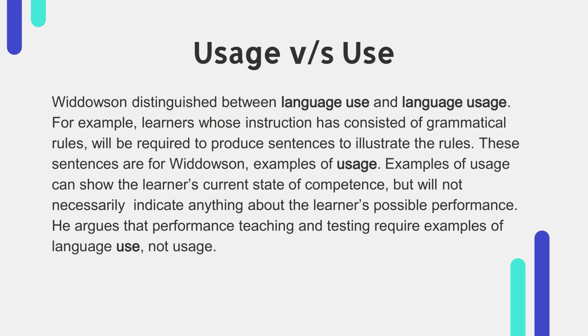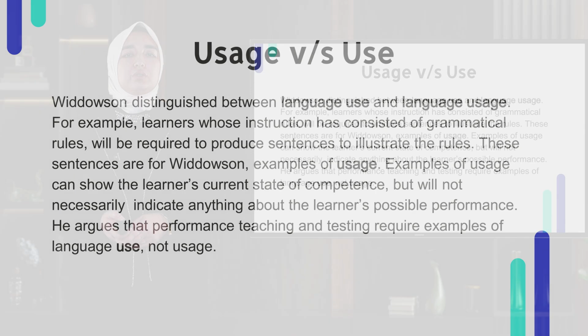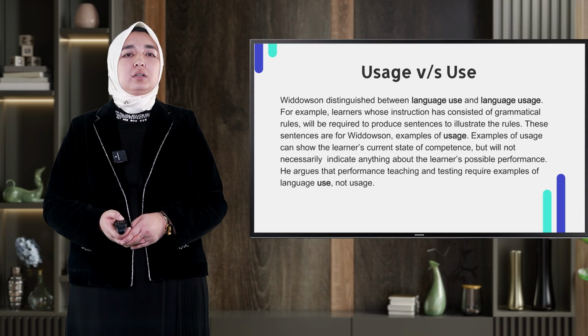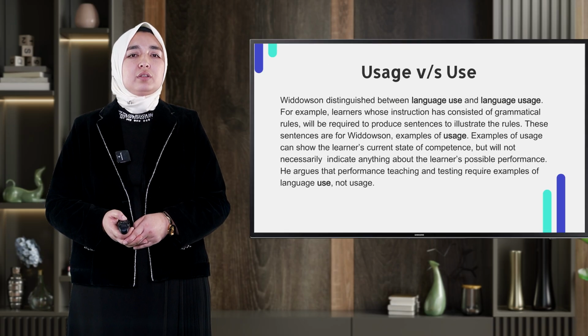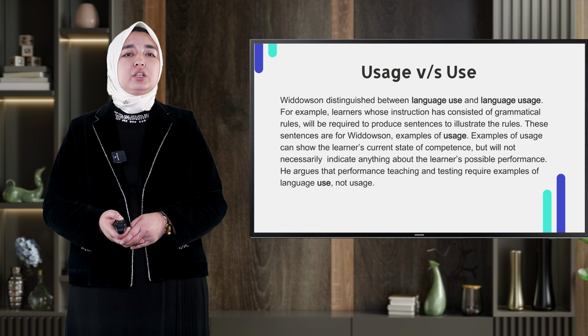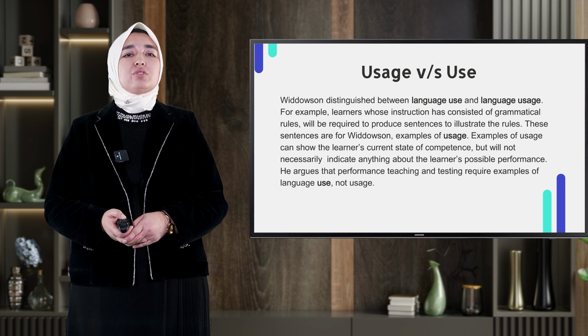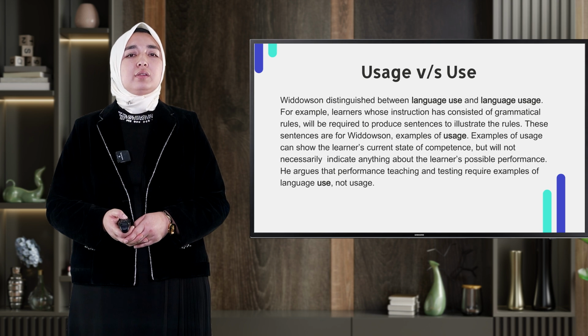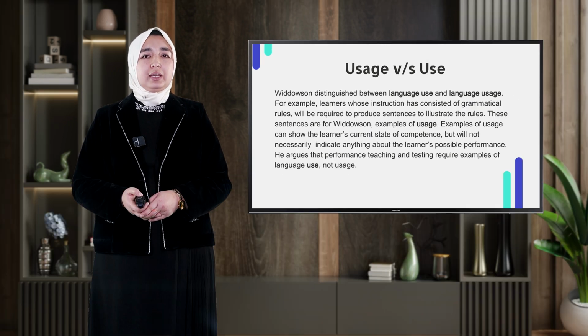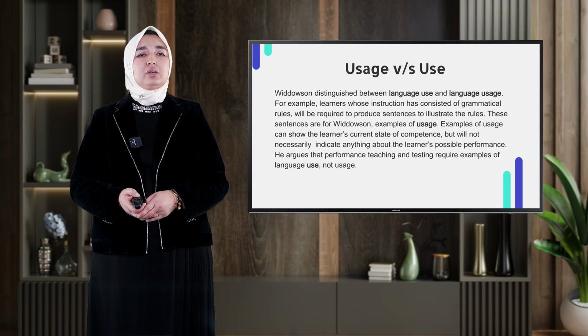For example, learners whose instruction consists of grammatical rules will be required to produce sentences to illustrate the rules. These sentences are, for Widdowson, examples of usage. Examples of usage can show the learner's current state of competence, but will not necessarily indicate anything about the learner's possible performance. He argues that performance teaching and testing require examples of language use and not usage.